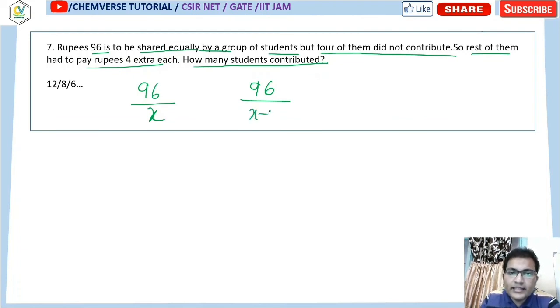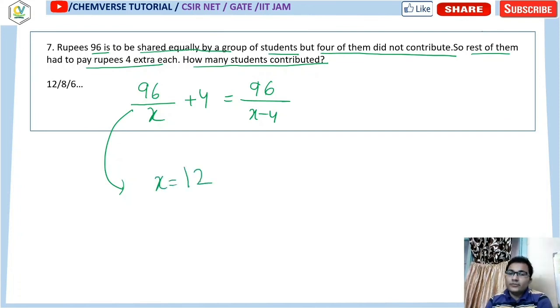So 96 by x minus 4 is the amount to be paid when 4 of them are not contributing. Now it says that each student has to pay 4 rupees extra. So you can say that 96 by x plus 4 is equal to 96 by x minus 4. If you solve this equation, you will find that x has a value of 12.